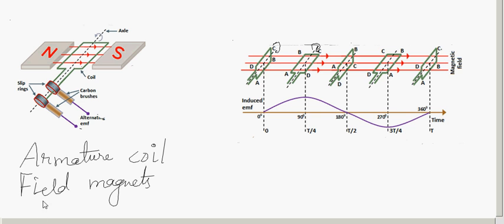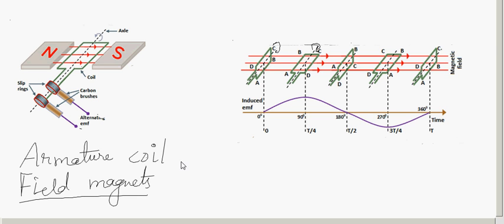The magnetic field is produced using field magnets or by external means. Now the coil is mounted on a rotor shaft. The coil is rotated in the magnetic field, and because of this rotation, the flux linking the coil changes and EMF gets induced. The coil is connected to the external circuit using slip rings and carbon brushes.